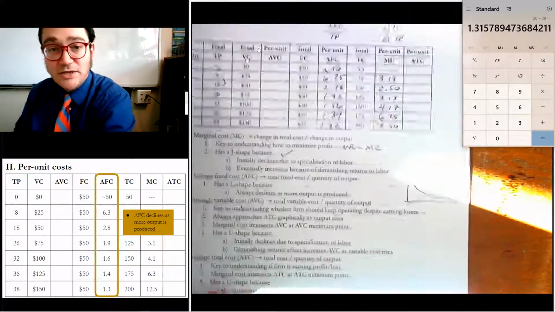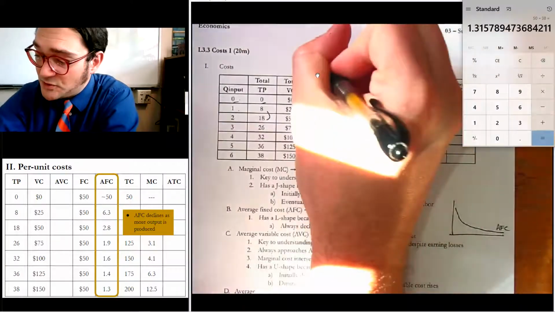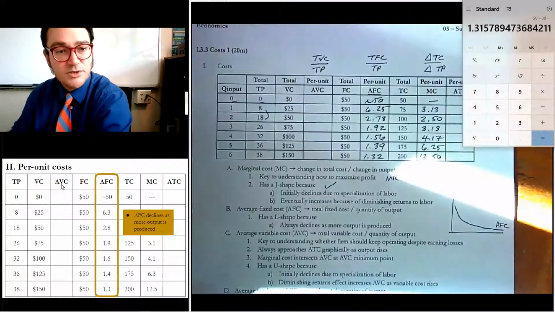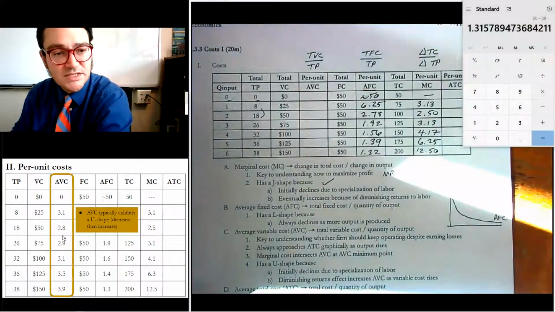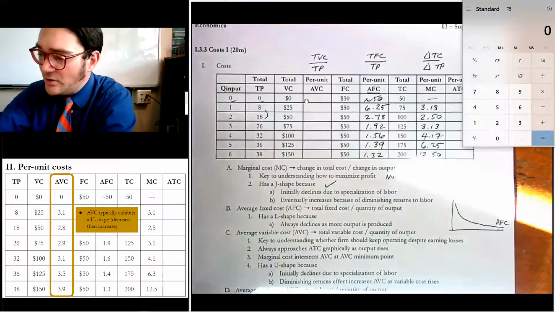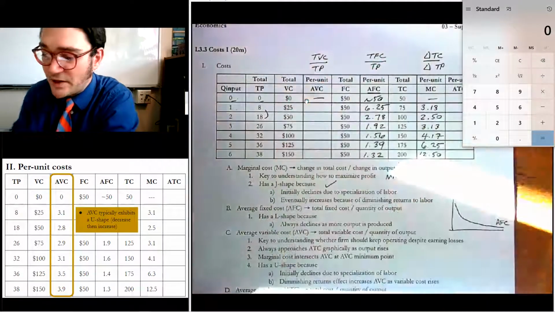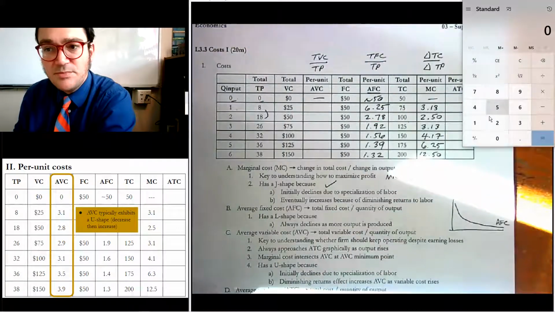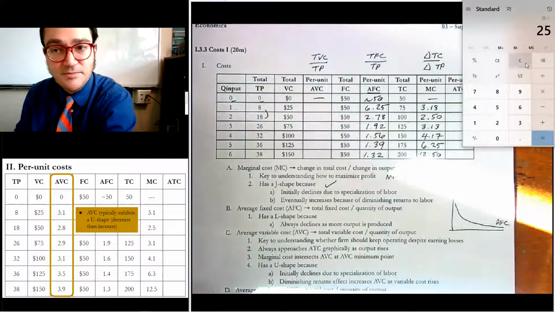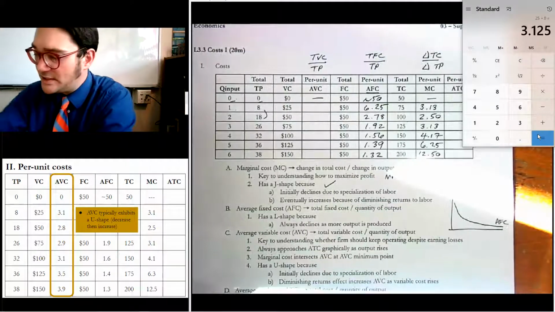Now, let's go ahead and calculate what this one looks like. So we have total variable cost divided by total product. So we're going to go ahead and advance the slide, and we'll see if these numbers align with what we've got here. Variable cost, again, we have 0, so we're not going to have one there. But for the next one, it's going to be 25, because it's this number, variable cost, divided by 8. So that's 3.13.